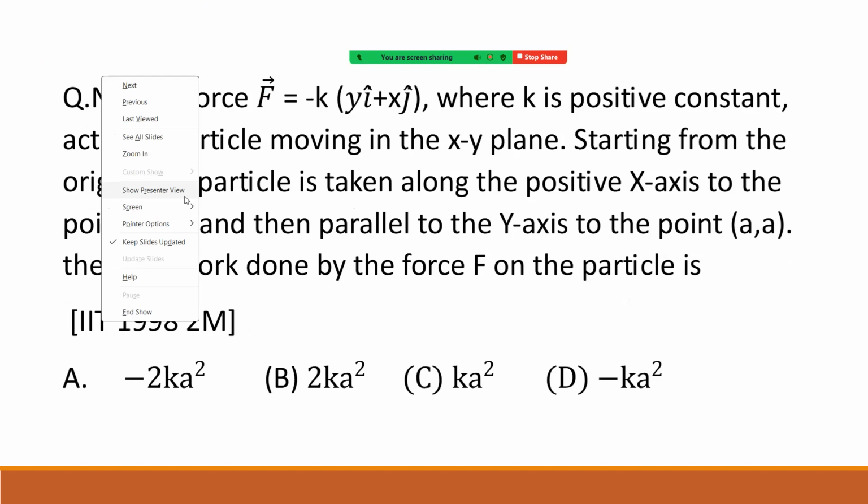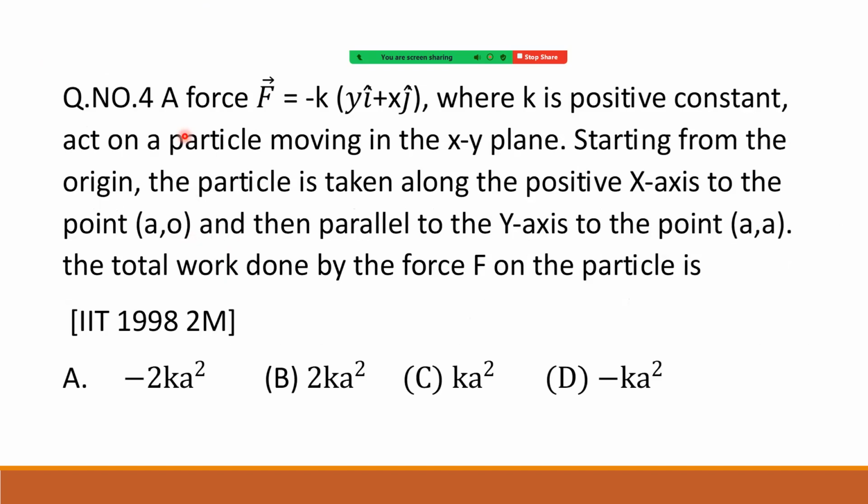This is a previous IIT problem. Let us see what is given. A force F bar equal to minus K into (y i cap plus x j cap), where K is a positive constant, acts on a particle moving in the xy plane.